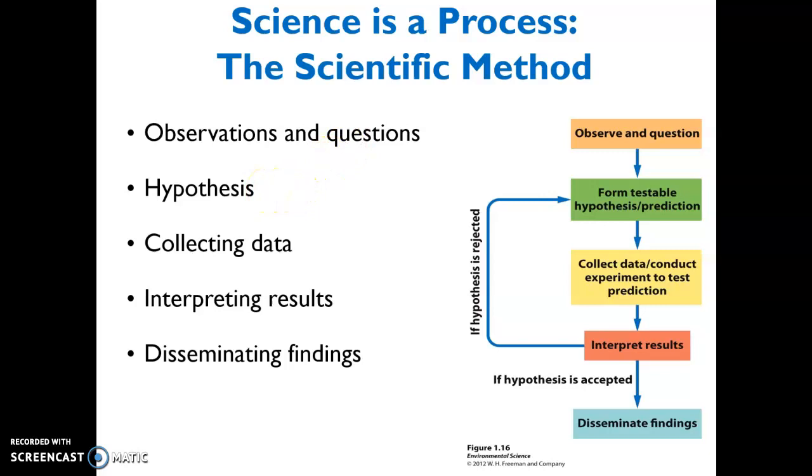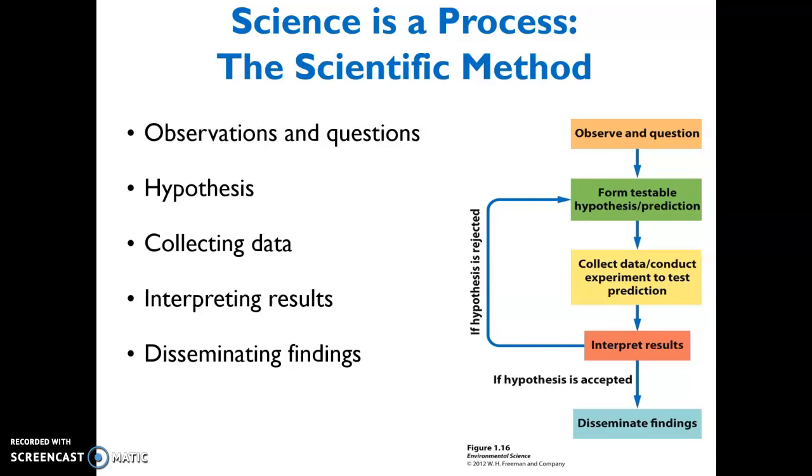So one hypothesis might have been that something happened to the pH in the river. Another hypothesis might have been that the water became too warm. Another hypothesis might have been that there was a disease which caused the death of the fish.